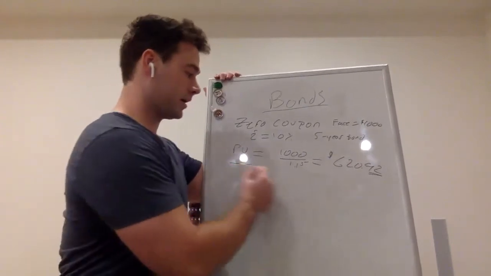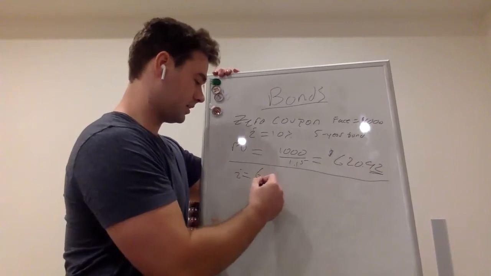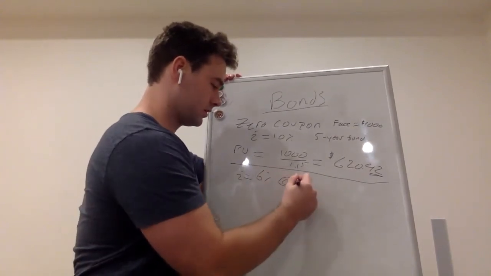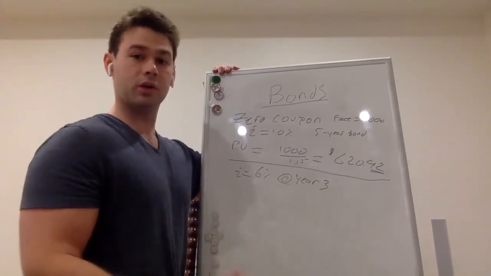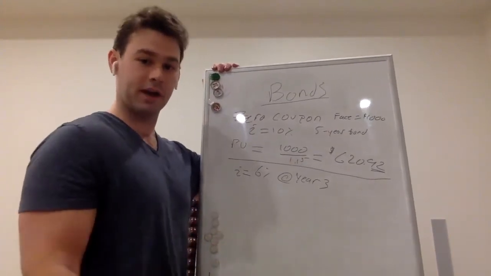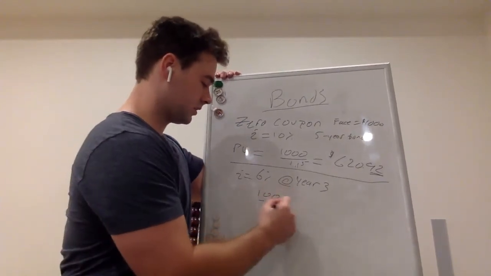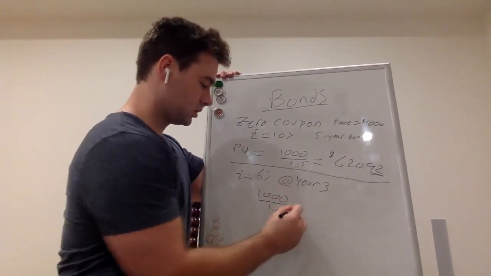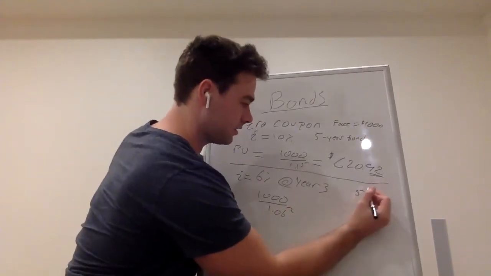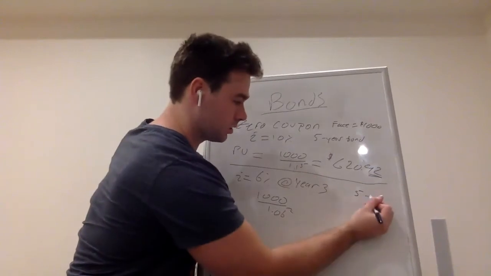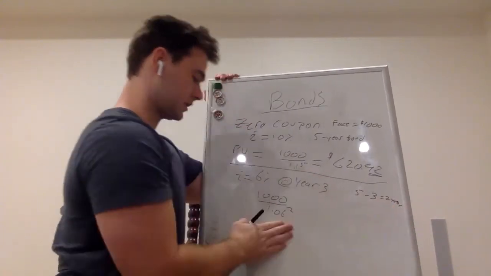And now let's see what happens if i is equal to 6% at year 3. So at year 3, that means we only have 2 years left till the bond expires and we get the face value back. So we know it's 1,000 divided by 1.06 squared. And for those who are a little bit confused with that, we have 5 years total minus the 3 years we've spent, so we have 2 years left. So that's why we do that.